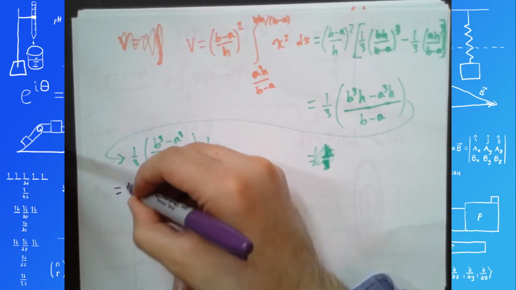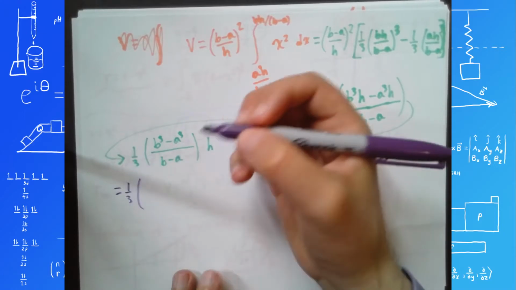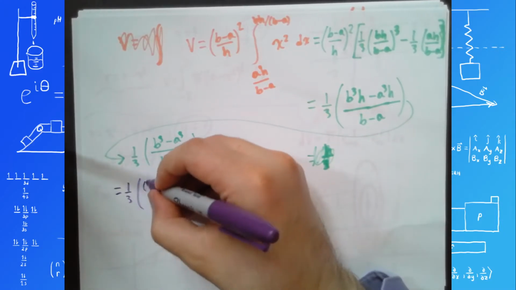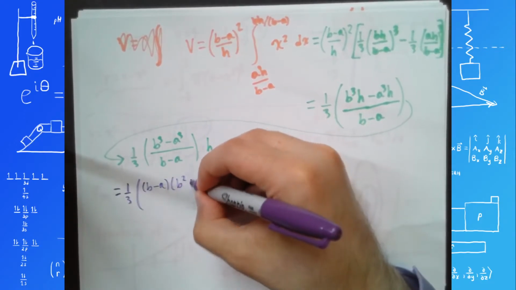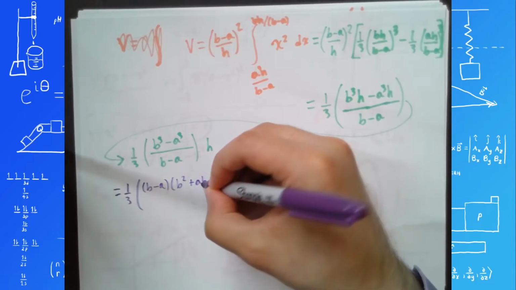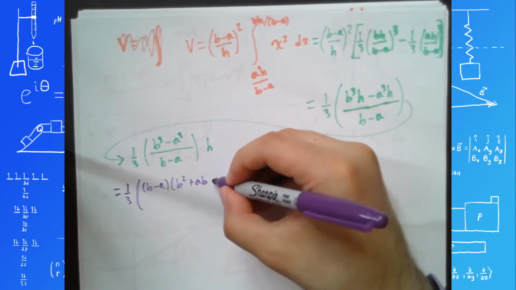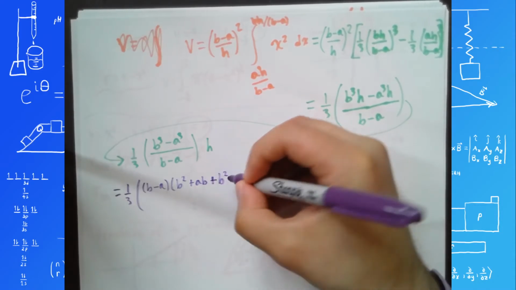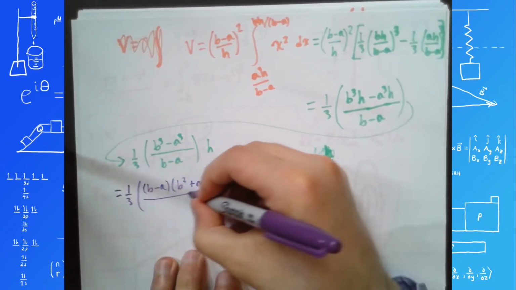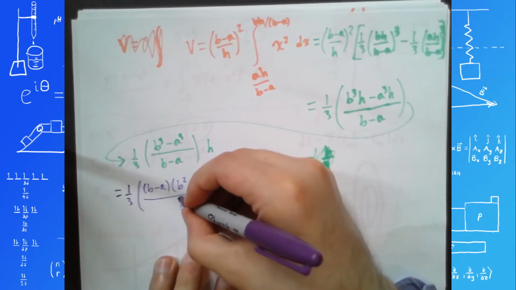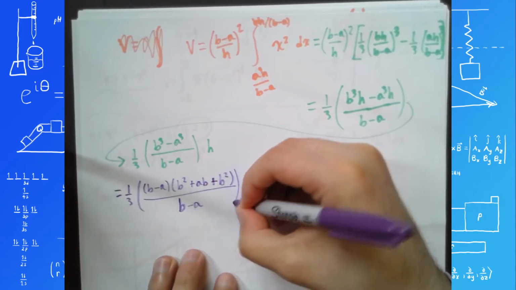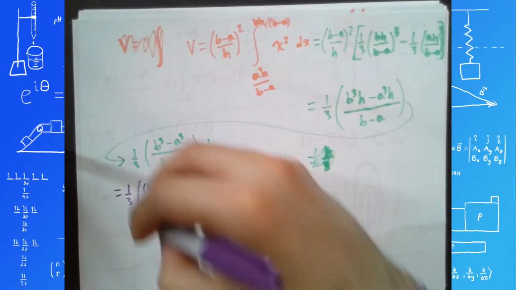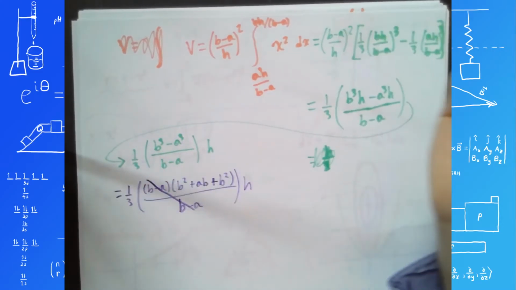B cubed minus A cubed is B minus A times B squared plus AB plus A squared, all over B minus A, times H. Okay, and the B minus A's cancel out.